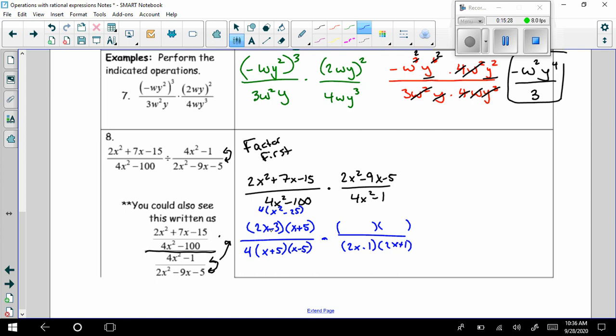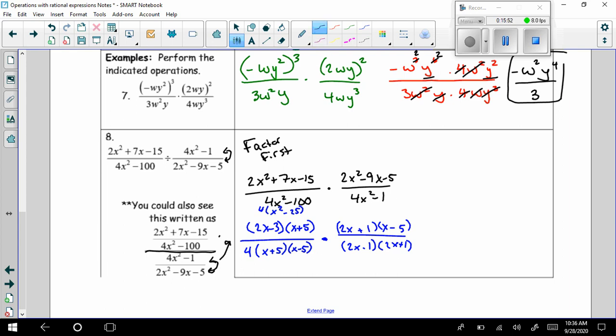We've not had any of those anywhere else. So odds are that we're going to have a 2x and a 1 in the top. Well, that means that we also need an x and a 5 because it multiplies to 5. It adds to negative 9, so my bigger number is negative, my smaller number is positive, and now that's factored. And so a little bit of logic goes a long way when you're doing these.